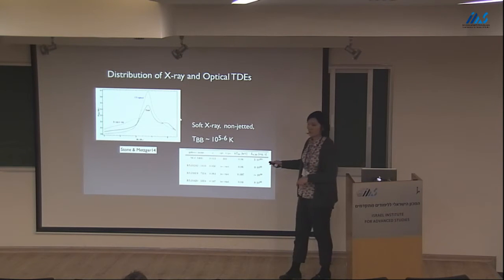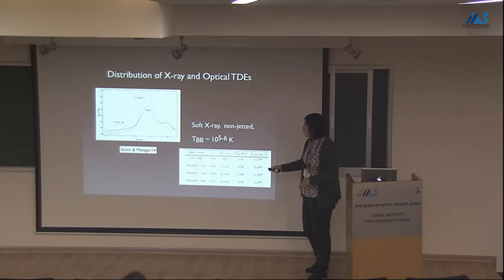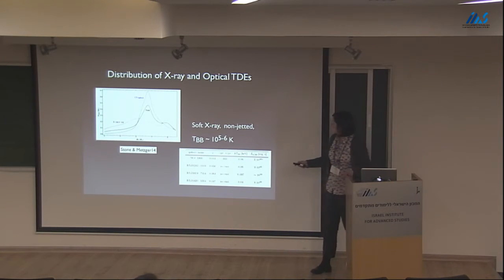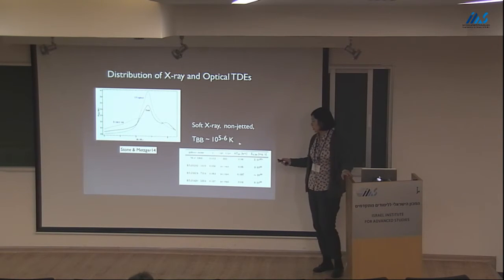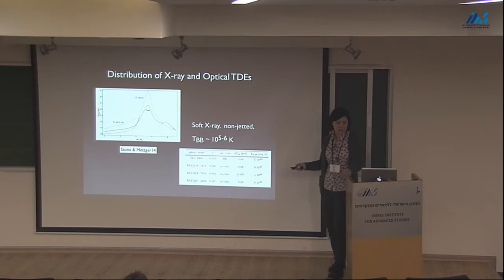The X-ray gamma ray TDEs seem to have a flatter distribution with a little bump around 10 to the 6 solar mass black holes and another little bump around the very massive black holes. The soft X-ray TDEs I'm going to talk about are not the jetted ones, and the black body temperature, as listed here, is mostly between 10 to the 5 and 10 to the 6 kelvins.